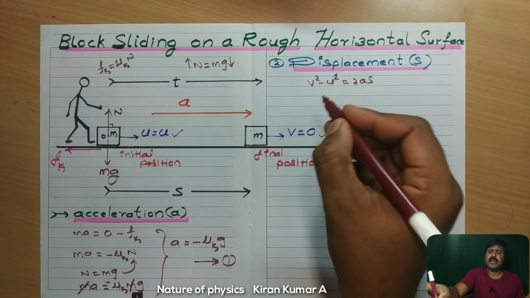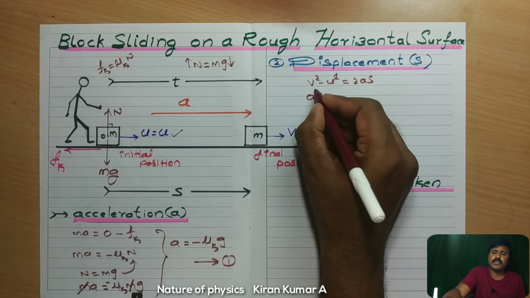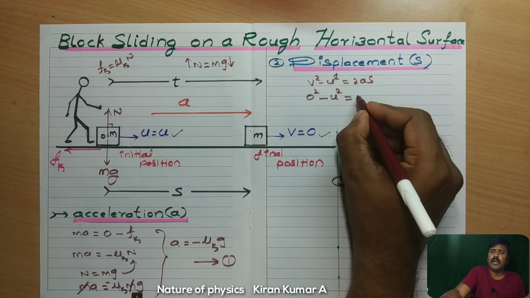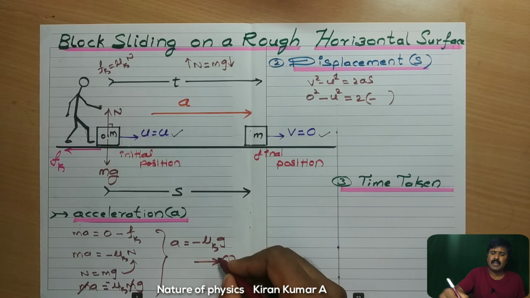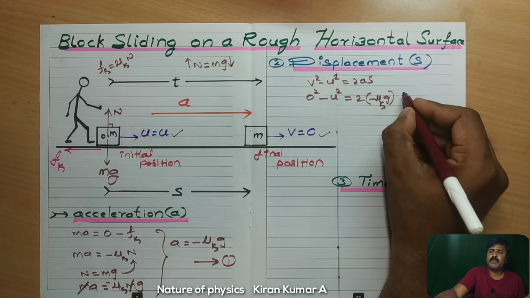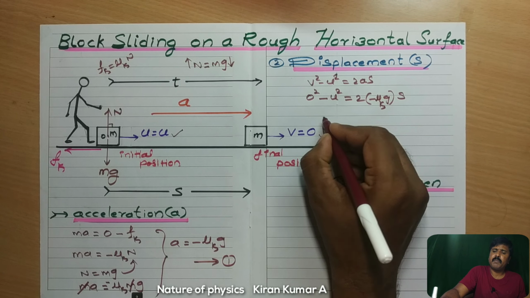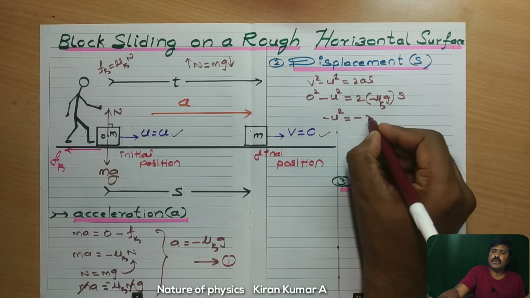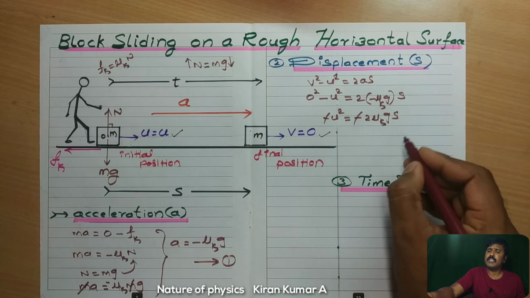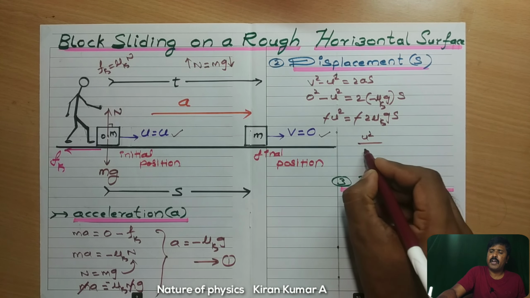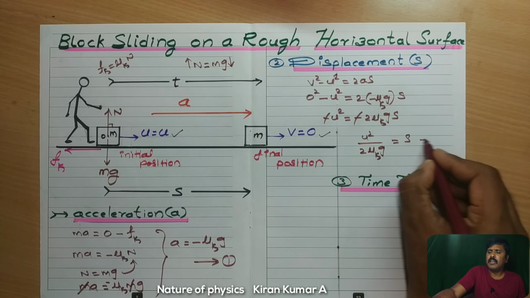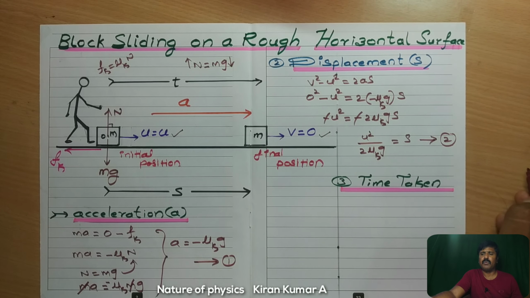According to the diagram, the final velocity is 0, so 0 square minus u square is equal to 2 into a, and we got the acceleration from equation 1, minus mu k into g, replacing it here, and the displacement is s. So minus u square is equal to minus 2 mu k g into s, the minus signs cancel, and the displacement s is equal to u square divided by 2 mu k g. This gives the displacement, equation number 2.